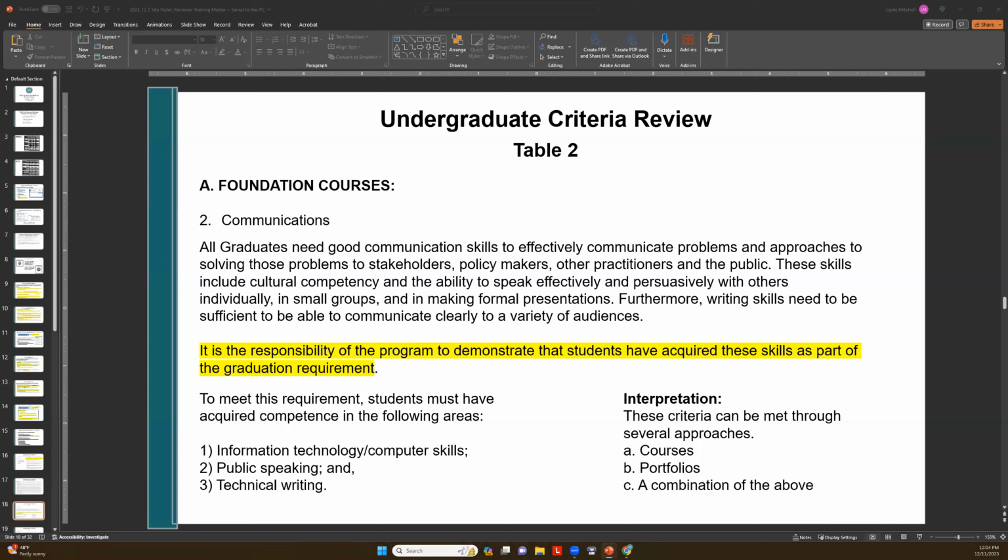They can't say, well, here they can use these courses. Well, they're all electives. We don't know if they're going to take any of them, let alone specific ones. And a lot of the programs that we evaluate have many electives. That's fine. You just can't use those electives to meet the requirement.